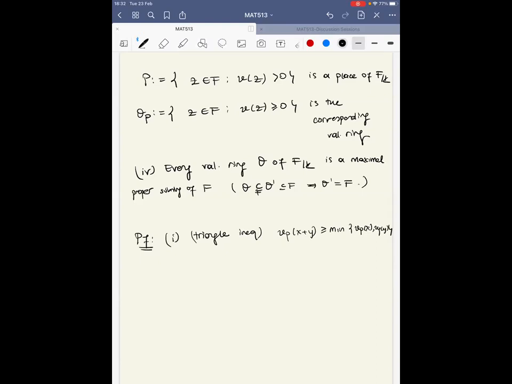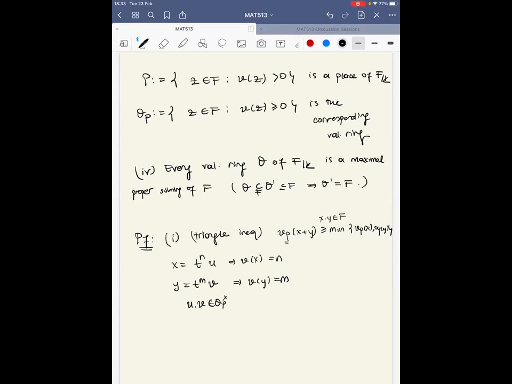To be able to apply the definition of V_P, let me represent these functions X and Y in terms of the prime element T. That means I suppose that a function X has valuation N, and the function Y has valuation M. Here, U and V are units.